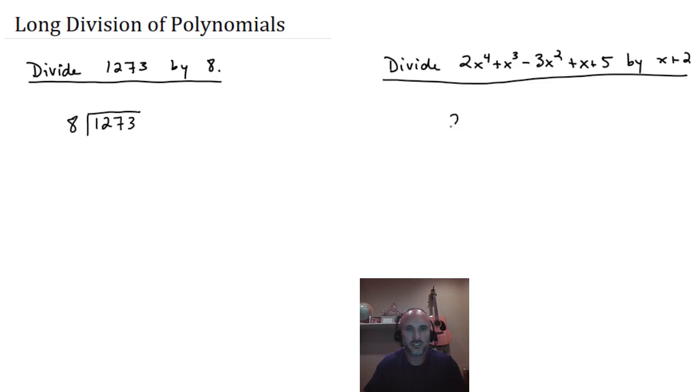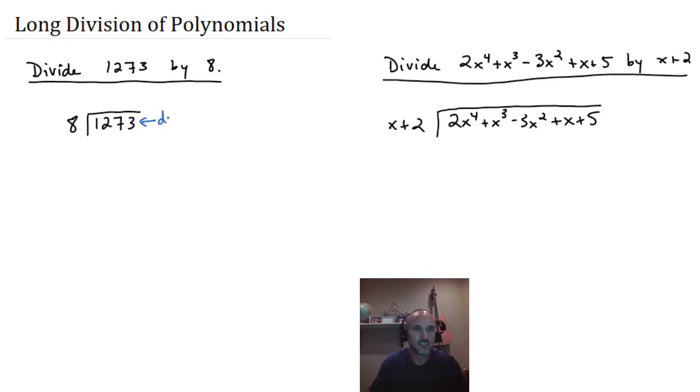Over here we've got 2x to the fourth plus x cubed minus 3x squared plus x plus 5 divided by the divisor x plus 2. Okay, so same setup. We've got dividend and we've got divisor.